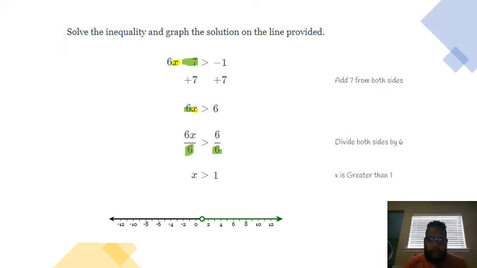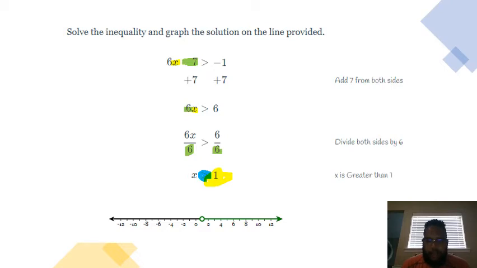Now if we're going to put this on a number line, the first thing we need to do is locate 1 on the number line. From there we're either going to go left or right. Coincidentally, the direction of your arrow is going to be the same as the direction of the symbol. Mr. Andrade, what do you mean by that? The symbol is pointing to the right.